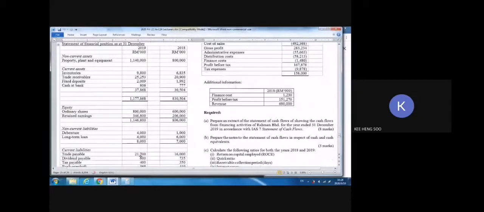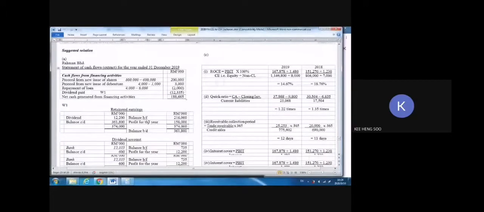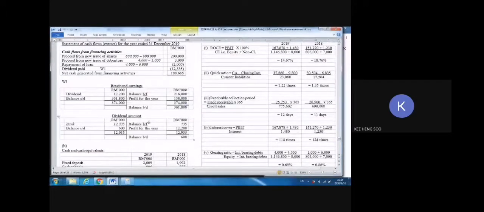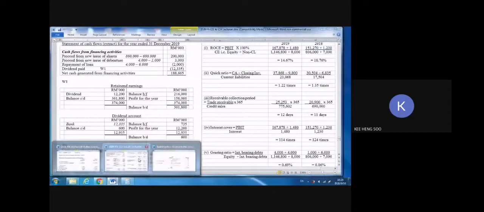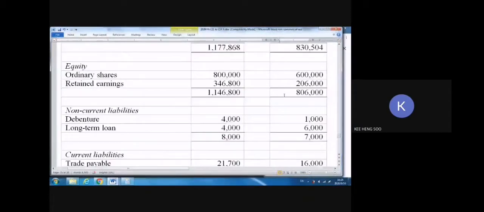It should be 206. It should be 206 and 346. Sorry, I think this answer is wrong. Never mind. This answer is wrong. It should be based on the retained earnings of 206.